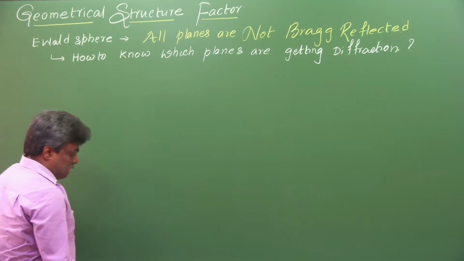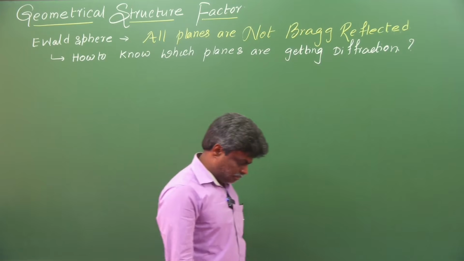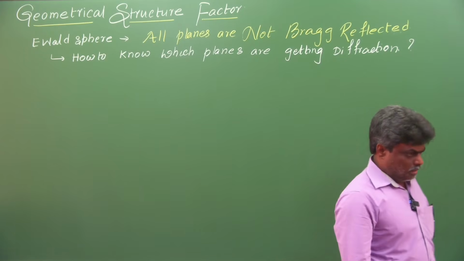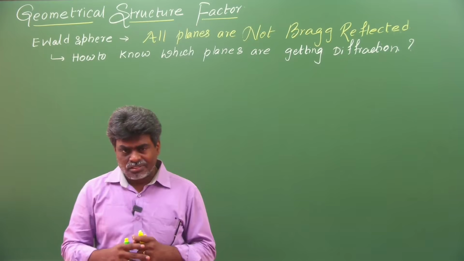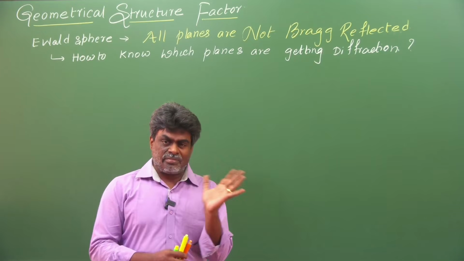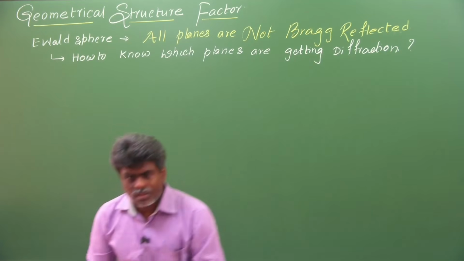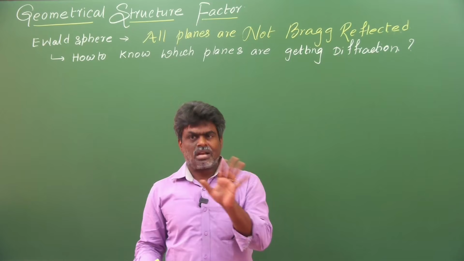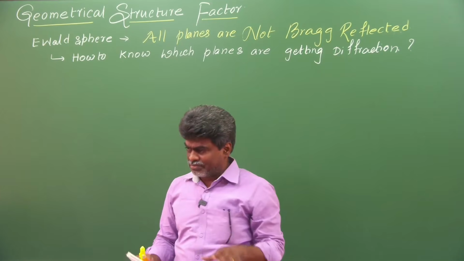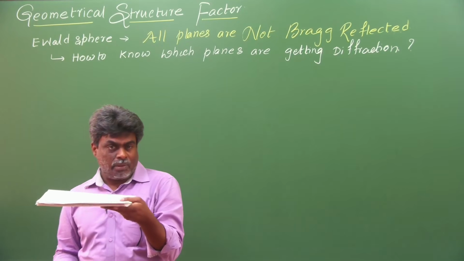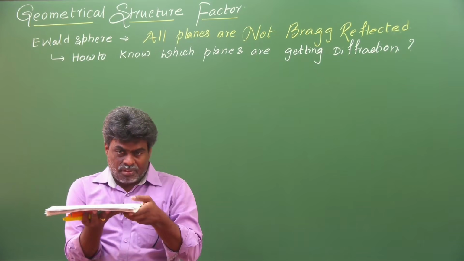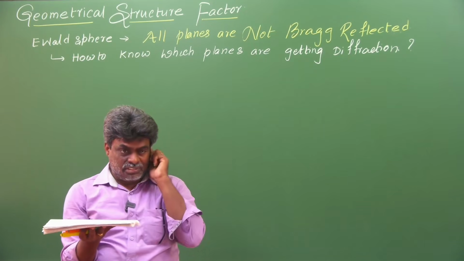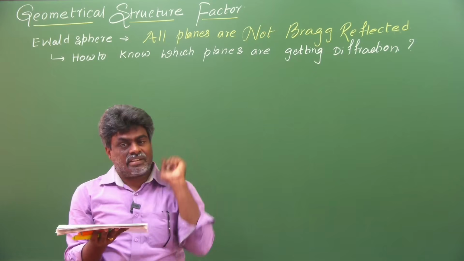The simple thing, for example, there exists a diffraction or there exists a reflection. So how do you know there exists a reflection? For example, forget about the crystal. Let us talk about common sense, light. Now here I have a plane, and this is the light falling on the surface. Now I am getting some reflection. How do you check there exists a reflection?